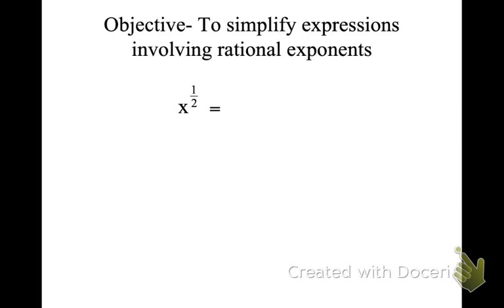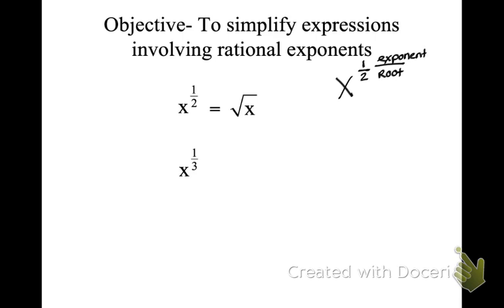This is dealing with exponent rational roots. When we do this, what this really implies is the square root of x. I kind of like to teach it this way: when you have an exponent, this represents the root, and this represents the exponent, okay?